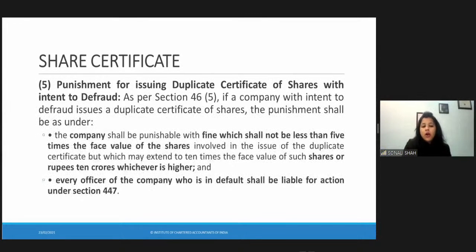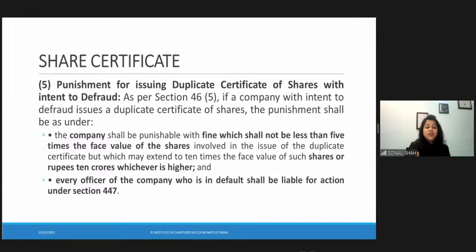Okay, so what if there is an issue of a duplicate certificate with an intent to defraud? The word intention is key here, where a company deliberately, with an intention of fraud, issues a duplicate certificate. In that case, the company will be punishable with a fine of not less than 5 times the face value of the shares, which can extend to 10 times, or rupees 10 crore, whichever is higher.